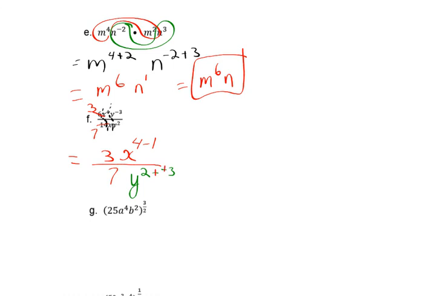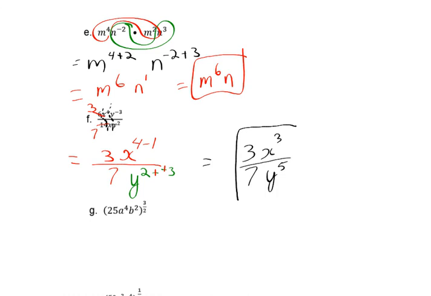One of the directions has to make it positive. And if you pick the wrong direction, not a big deal. You just have a negative exponent that you flip to the other side and make it positive. x to the 3 over 7, y to the 2 plus the 3, 5.